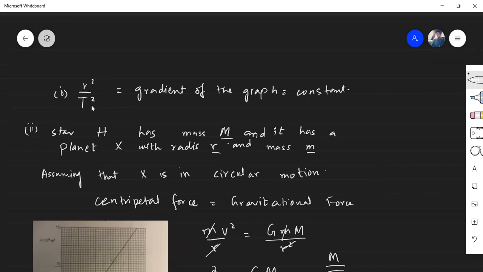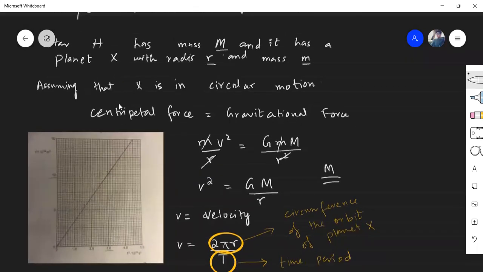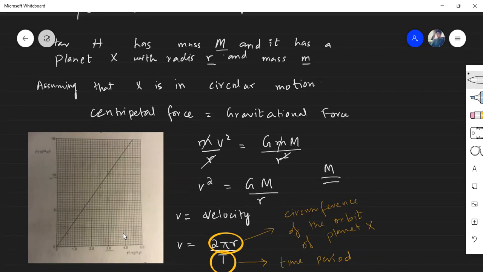So in part one, the question asked: what features of figure 4.1 support the view that Kepler's third law may be applied to the system? So we said the third law says that T square should be directly proportional to the cube of the radius.